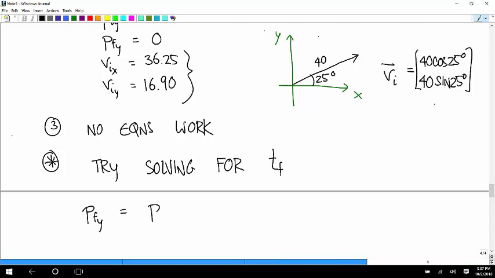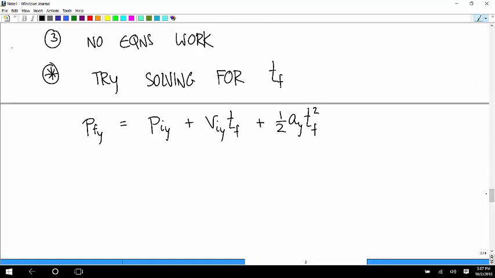PFY is equal to PIY plus VIY TF plus 1/2 AY TF squared. We didn't know what it was for x, but now since we're looking for TF, we're not confined only to x equations anymore. So now we're going to use a y equation to find TF.